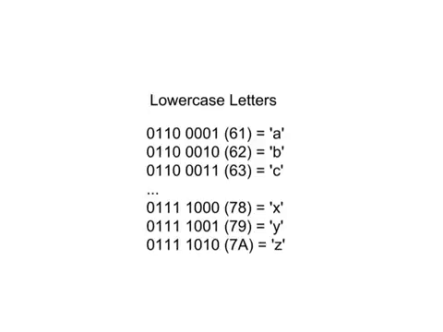So for lowercase letters, rather than starting at 01000001, which is 41, we start at 61 in hexadecimal, which is lowercase a, and we work all the way down to 26, which is z.